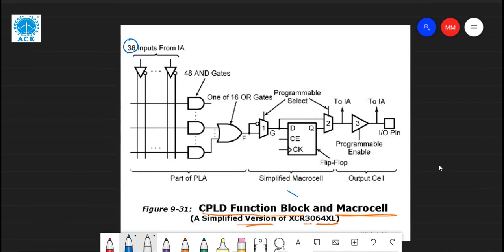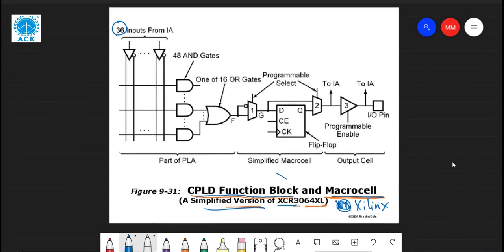In this case, see the CPLD functional block and macro cell, this version is XCR3064L, which is developed by Xilinx. So see here, initially any one of these 36 pins is connected to this.